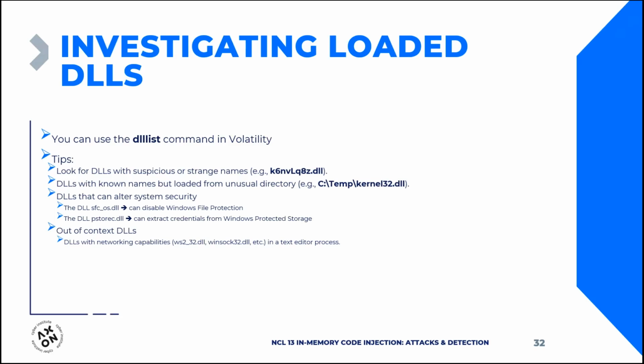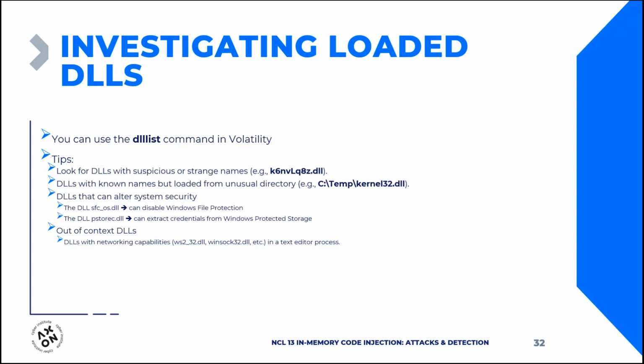Also, watch out for out of context DLLs. For example, if you see a process like notepad or a calculator, okay, loading a DLL with networking capabilities like WS2_32, like Winsock, these DLLs are usually for network connections.